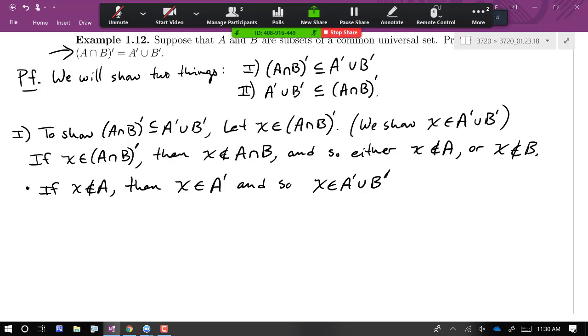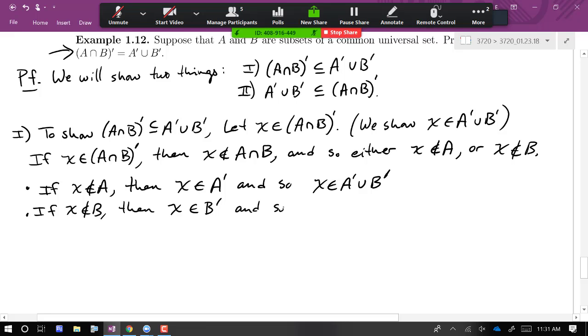So we've handled the case of X not in A. Now we'll just repeat this for the other case. If X is not in B, then where is it? B naught, or B complement. And if you're in B complement, you're definitely going to be in the union of B complement with any other set.